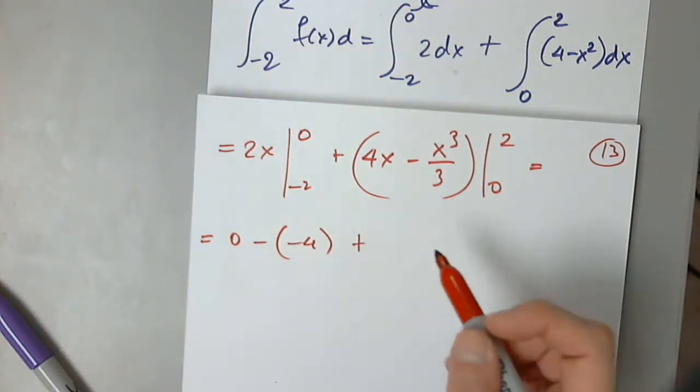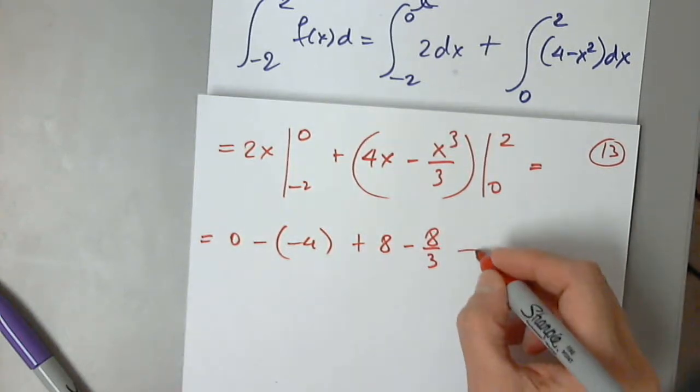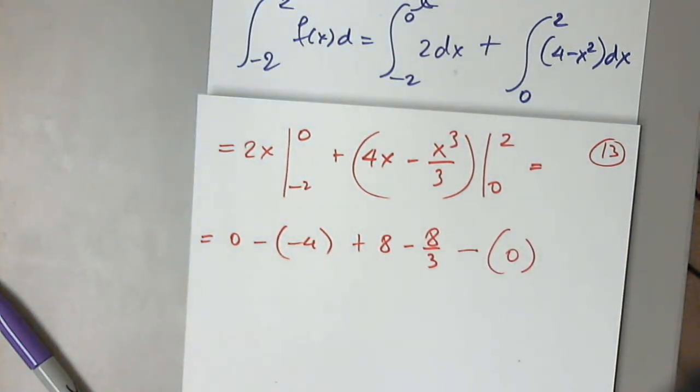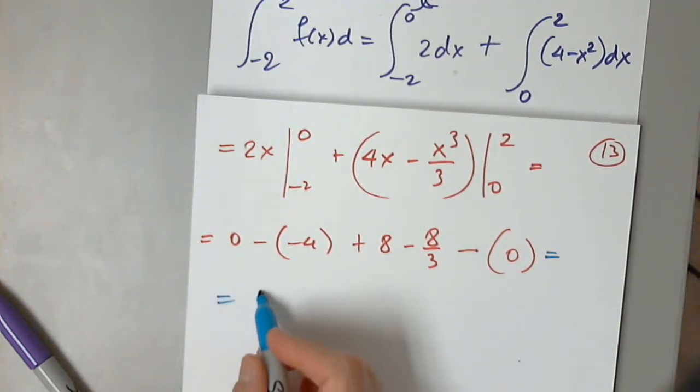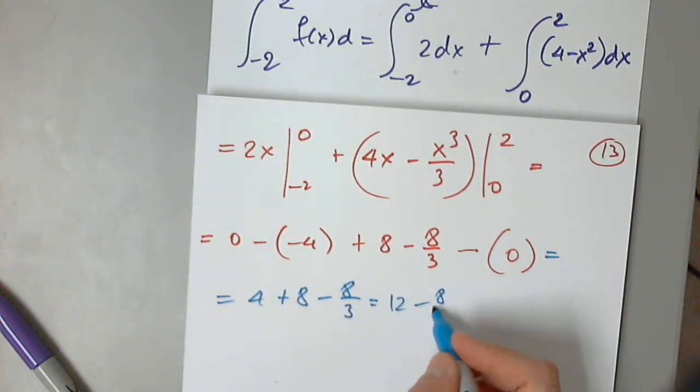Plus, when we plug in 2, we get 8 minus 8/3, minus, when I plug in 0, I only get 0, so there is no point. So then we have 4 plus 8 minus 8/3, or 12 minus 8/3.